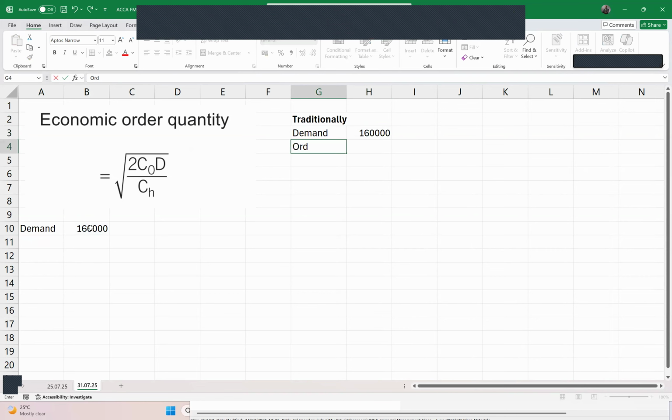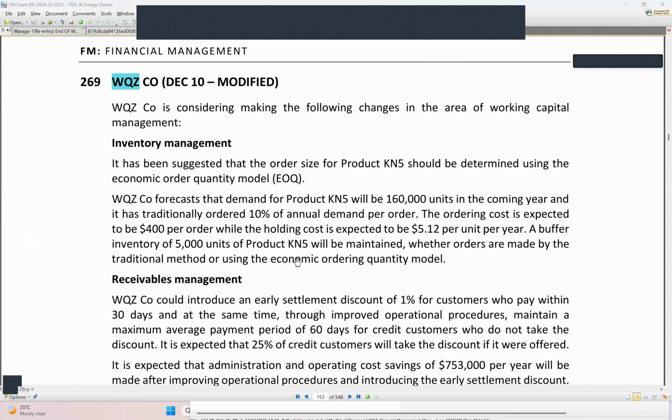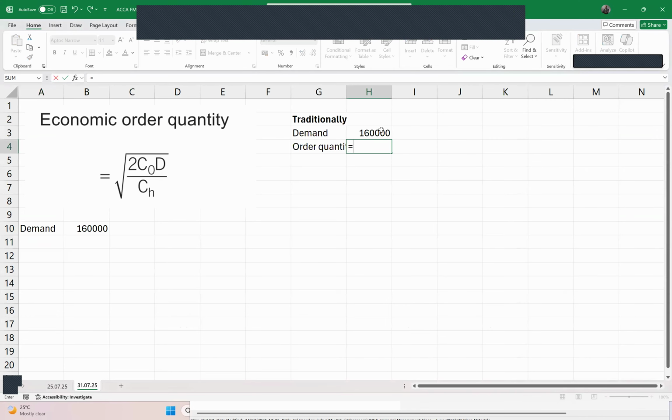Then the order quantity has been 10%, which is 16,000. So how many orders would that be? Divide these two. That gives you 10 orders per year. That's what has been happening traditionally.